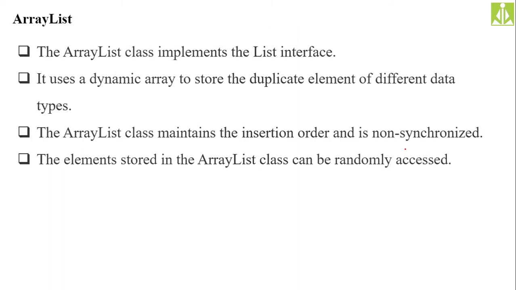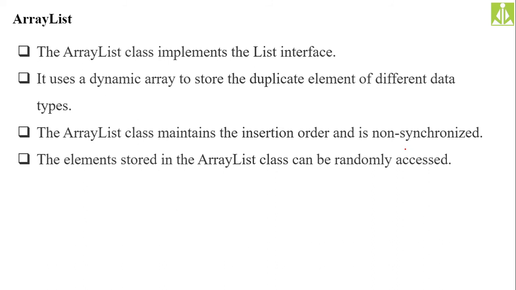The rest of them you can practice because the concept is very similar, and hardly we have one or two differences between each of these classes. So that's the reason we are not going with the explanation of each one of these classes. Rather, I will explain only the ArrayList class, and then we go for the other type of interfaces.